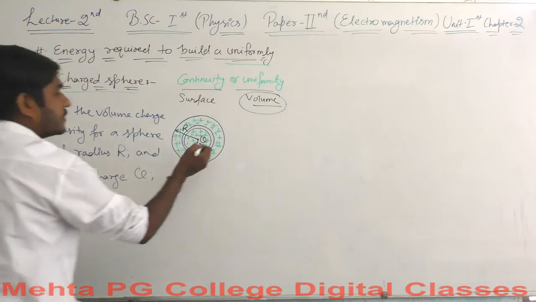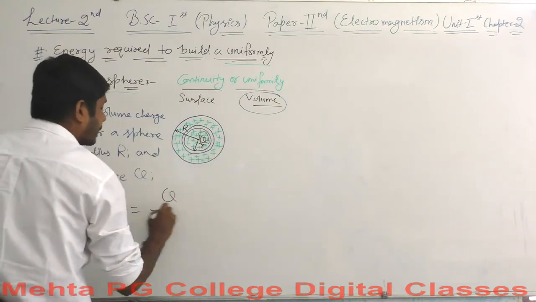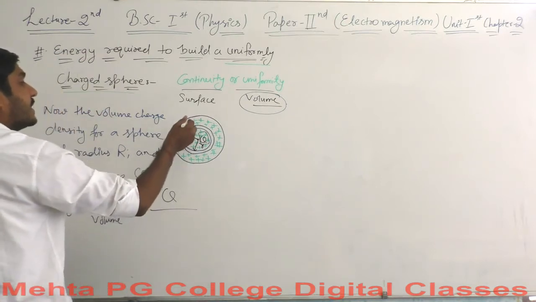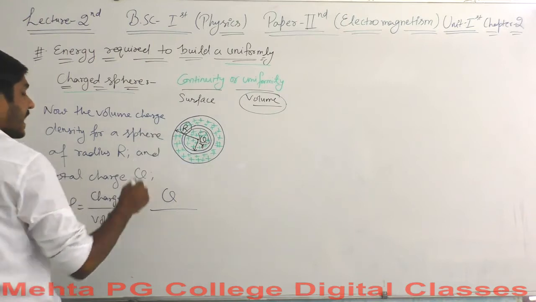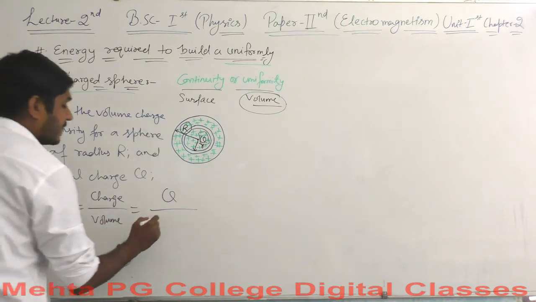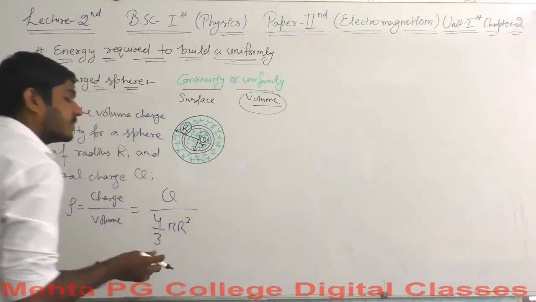So the whole charge distributed is this, capital Q, and the radius is capital R. Considering this R, the volume of the sphere must be 4 by 3 pi R cube.